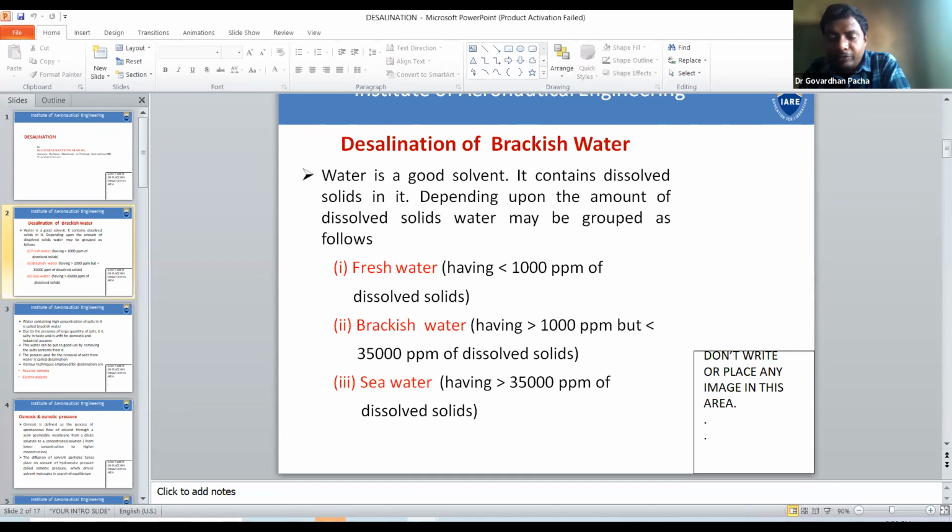The diffusion of the solvent particles takes place on account of hydrostatic pressure, called osmotic pressure, whose role is to maintain the dissociated solvent molecules in the equilibrium state. Okay, ma? So this is about osmosis and osmotic pressure.